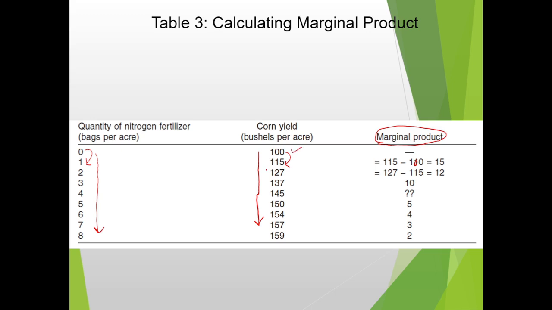Now, we started using nitrogen fertilizer, and because of that, the corn yield increased from 100 to 115.